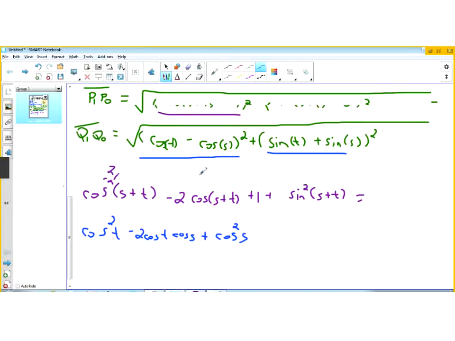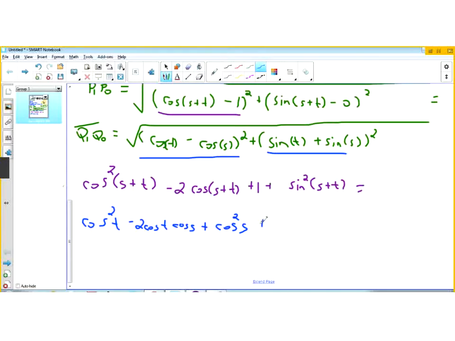Now I'll square these two terms, so that would be plus the sine squared of t plus 2 times the sine of t times the sine of s, plus the sine squared of s.